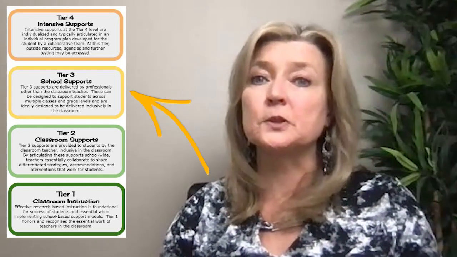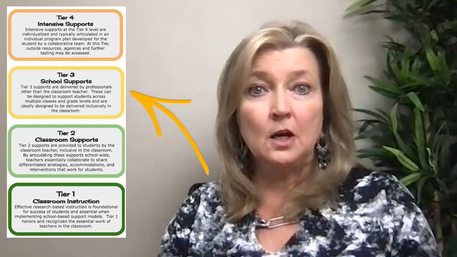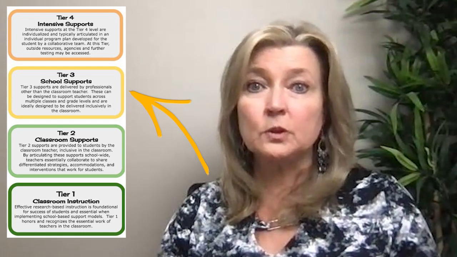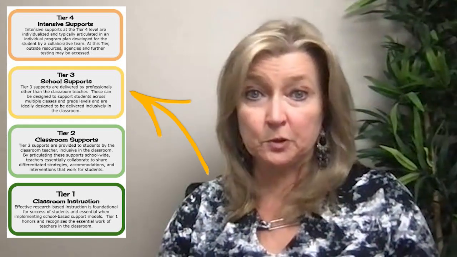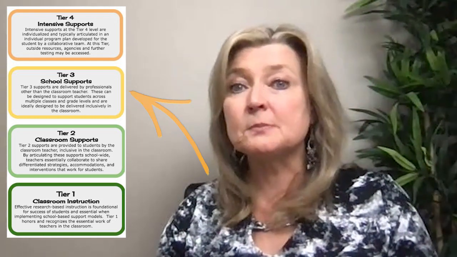The third tier is focused on how we support students across our school. Are there things that we do across the school to support individual students or perhaps small groups? This may be small group reading intervention based on a specific skill, or perhaps counseling sessions for social emotional wellness, typically provided by someone other than the classroom teacher.